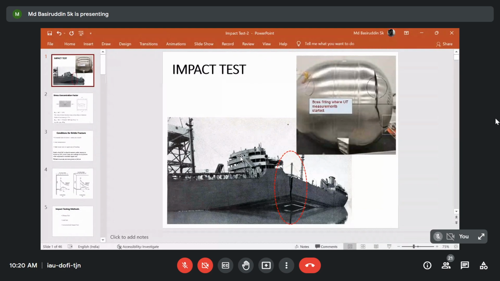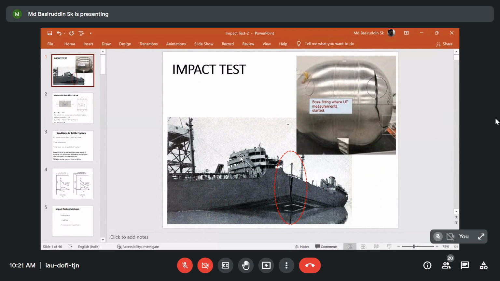At that period of time, people were unable to understand why the ship, which was made of steel and high strength steel, broke into two pieces. It was very difficult to understand.